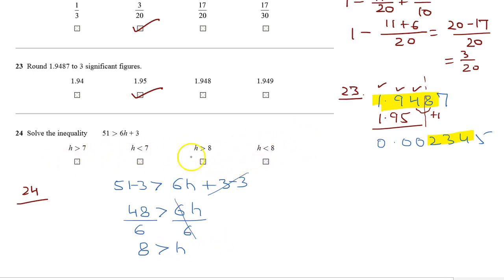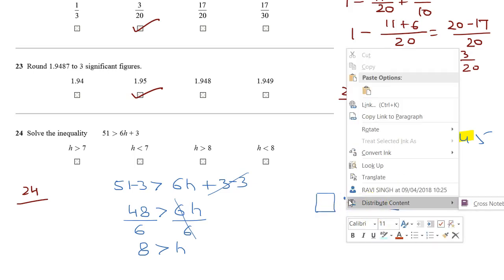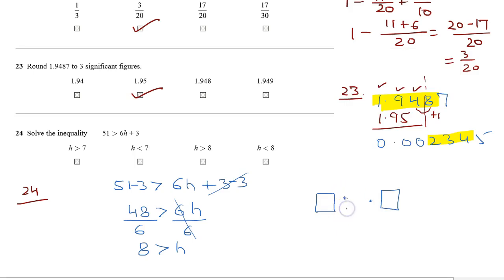Now if you get this kind of an answer, look at the sign. It has one point on this side and two points on this side, and the side with two points is the greater number and the side with one point is the smaller.